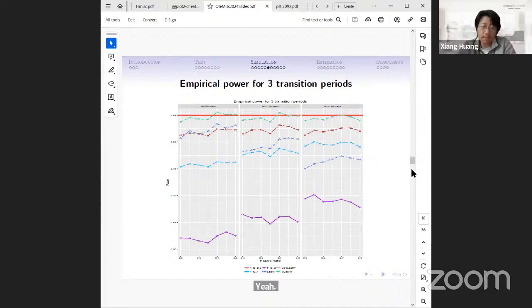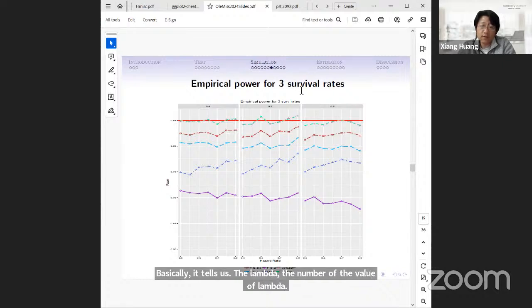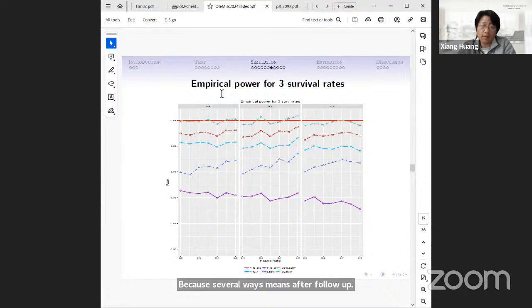And also we tested on 3 survival rates, because the survival rates basically tell us the value of lambda, because survival rate means after the follow-up time, how many will survive, like 40% or 50% or 60%. That totally depends on the hazard ratio lambda.